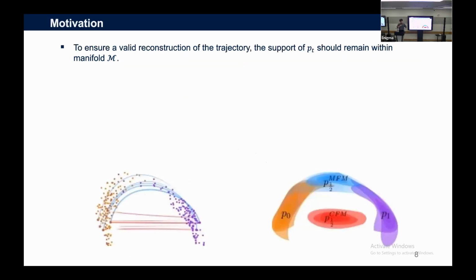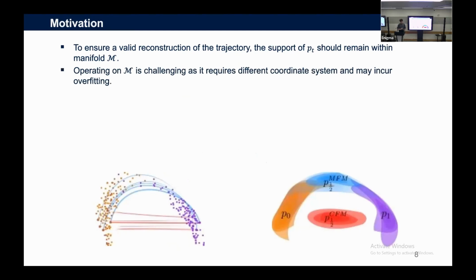Okay, so then the goal here would be, ideally, we want to reconstruct a trajectory that follows the dynamics. Because if that's the case, then we're going to assign probability to regions of space that are more likely to be traversed by our system, and therefore reconstruct the trajectories a bit better. But of course, the catch is that operating on manifolds is a nightmare. You don't want to do that, right?